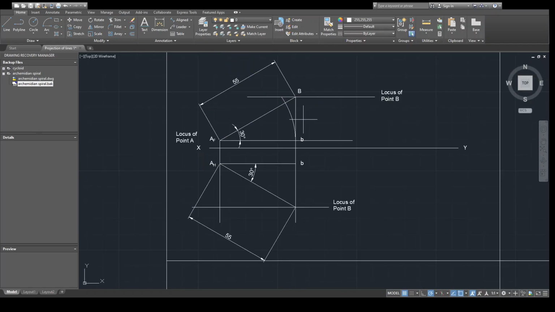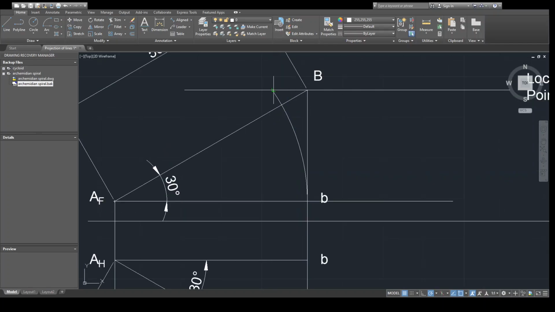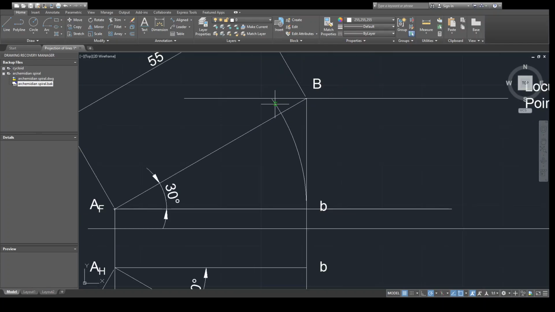Yes, so whatever I have done, I have rotated this line AFB up to the locus of point B. I have obtained it here, you can see, up to the locus of point B. Just I will repeat. So this is my starting point, this is my end point.